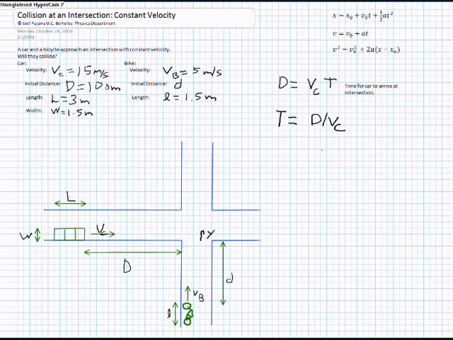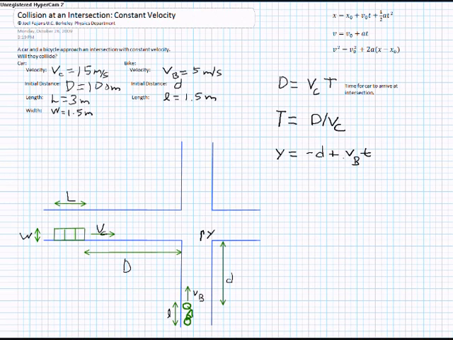So we can write down the position of the bicycle, actually the position of the front wheel of the bicycle. That's going to be y is going to be equal to its initial position, which is minus d, plus the velocity of the bicycle times the time t that the bicycle is traveling along.